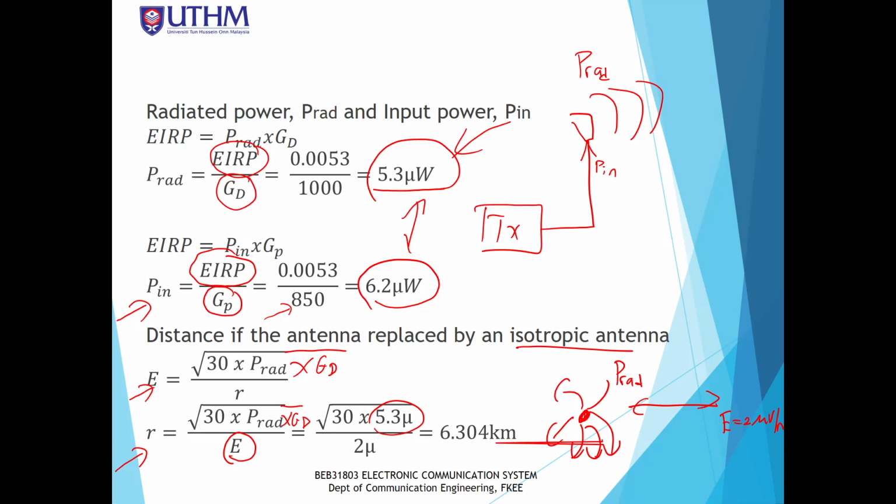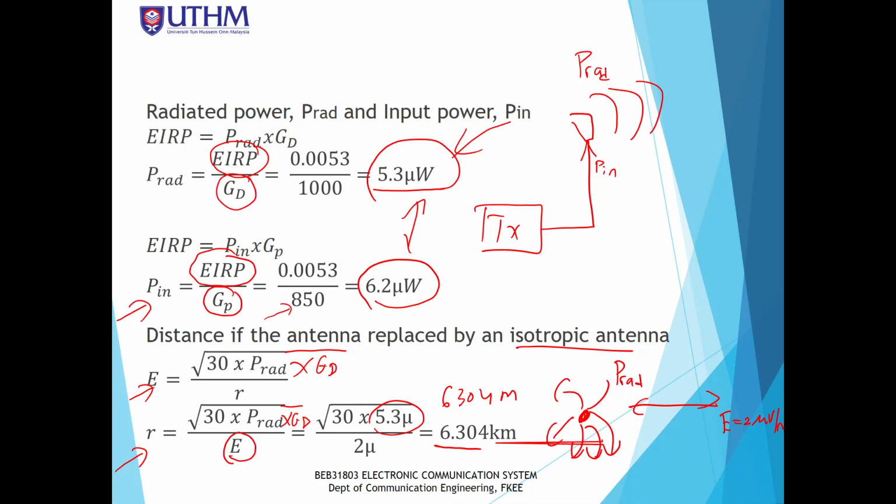So when we calculate, we found out that the distance is 6,304 meter ataupun 6.304 kilometer. Okay, so when you calculate this, you're gonna get 6,304 meter, or it is 6.304 kilometer.